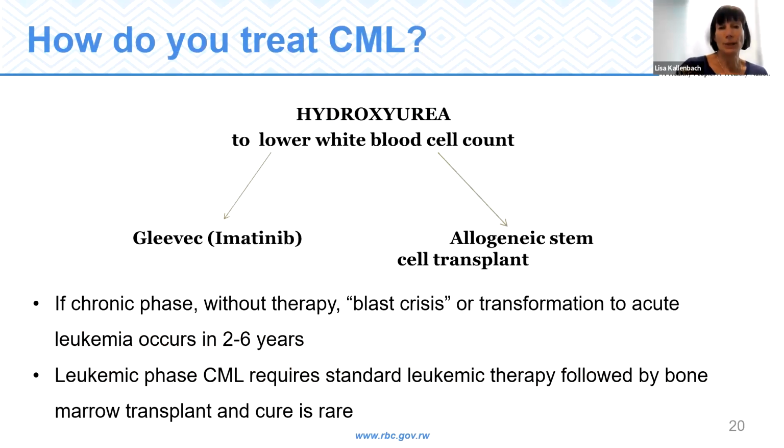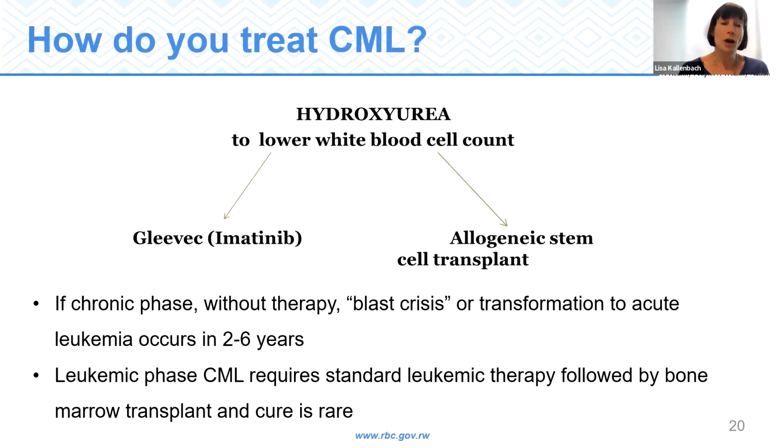So hydroxyurea is what we use immediately to lower the white blood cell count, and was a mainstay of treatment until other treatments came along. Allogeneic stem cell transplant was one potentially curative therapy, and Gleevec or imatinib has really replaced that as the mainstay of therapy now.